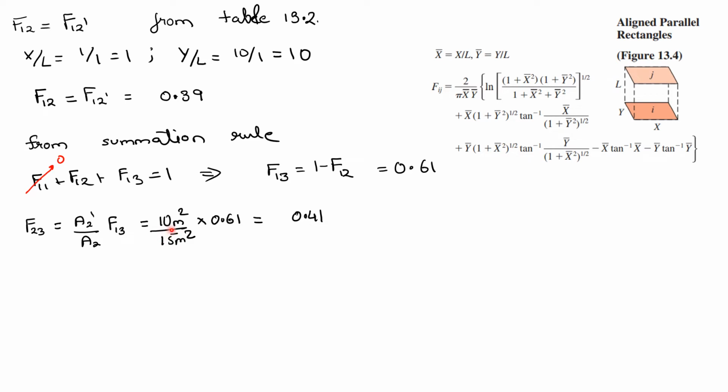A2 prime was the area of the dashed line, which is equal to the area of the heater plate because it's parallel to it, the imaginary line, so which was 10 meters squared, and A2 is the actual area of the collector, the curved surface that is given, and this value is given to us as 15 meters squared, and we just found out the view factor for 1 3, which is 0.61, and this gives us F23 equal to 0.41.